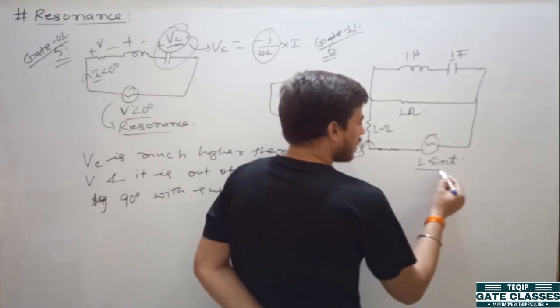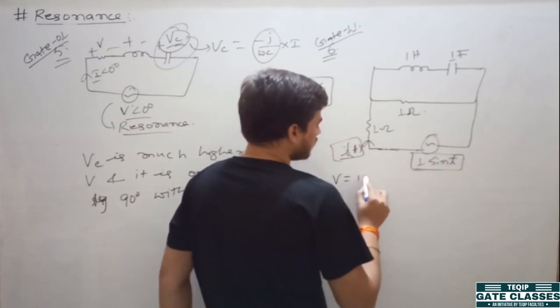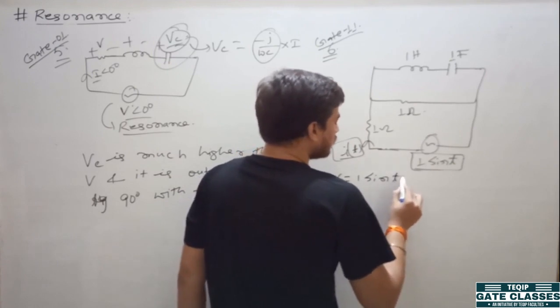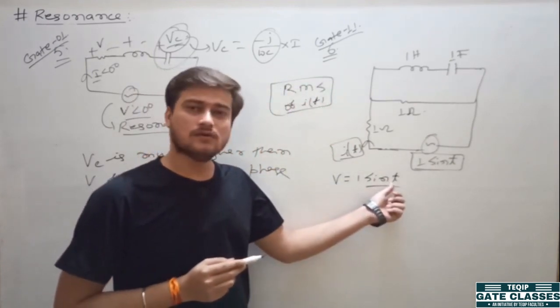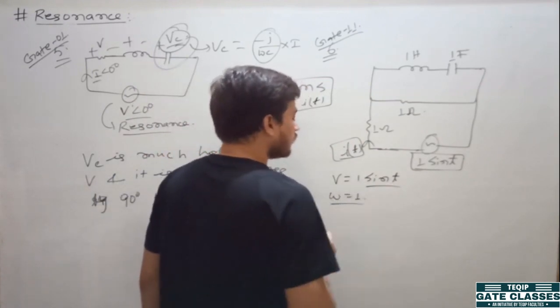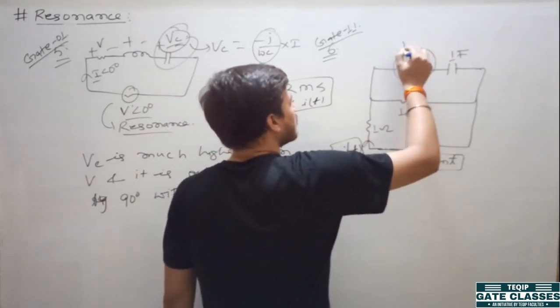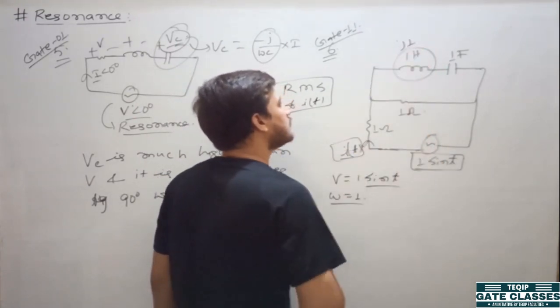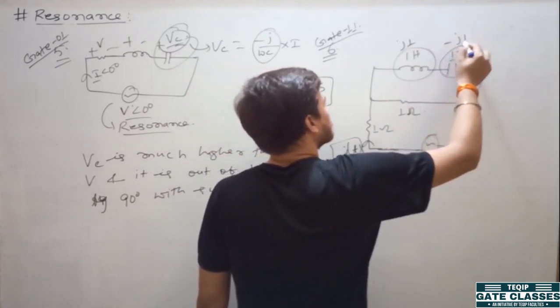The supply is V equal to 1 sin t. If it is 1 sin t, that means omega is equal to 1. So when you write j omega L, here you write simply j1. And here you will write minus j1.